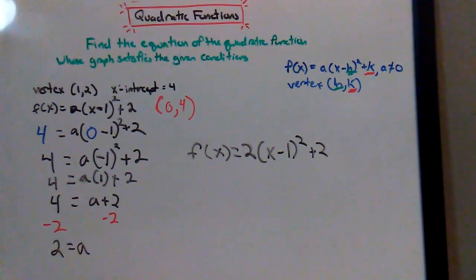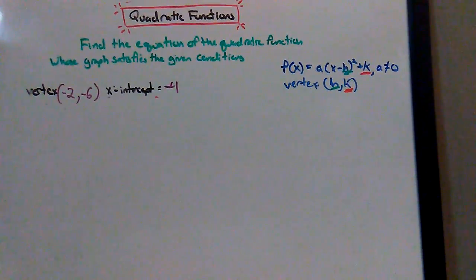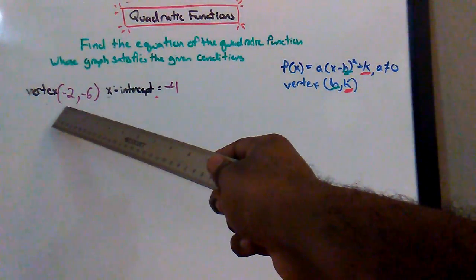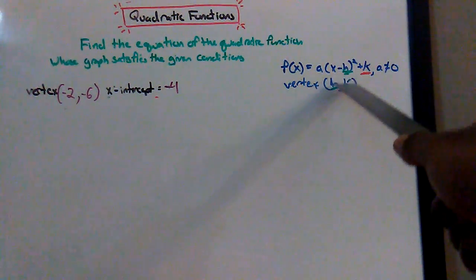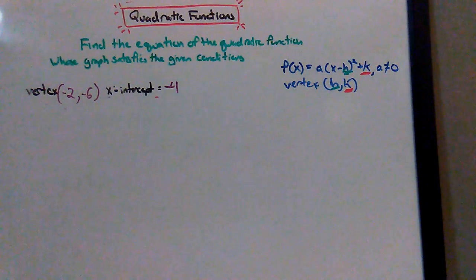Okay, let's look at another one. Alright, so now we have vertex as (-2, -6), and x-intercept as -4. So let's plug in our h and our k into our generic quadratic function.